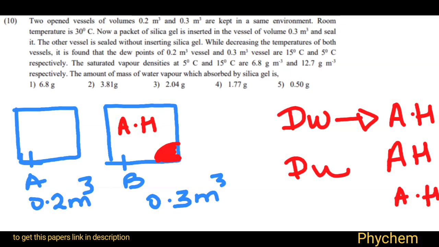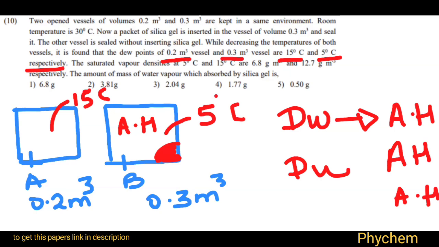The dew point of A is 15 degrees Celsius, while the dew point of container B is 5 degrees Celsius.